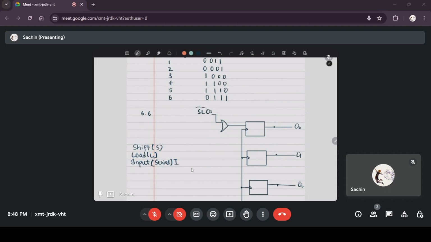If shift and load are 0 1, that is S bar L, then you have to transfer some input to the register, so it's parallel inputs I0, I1, I2, I3.